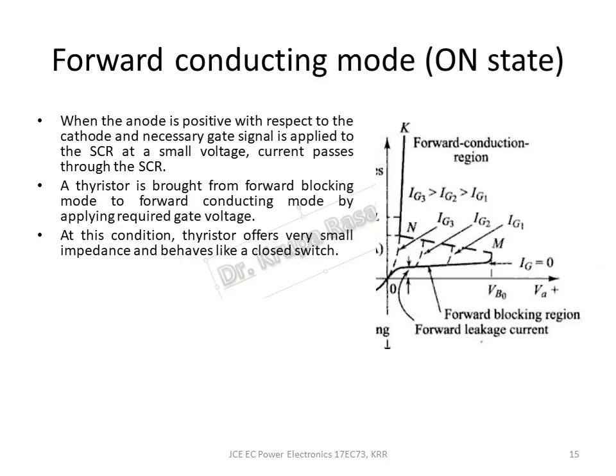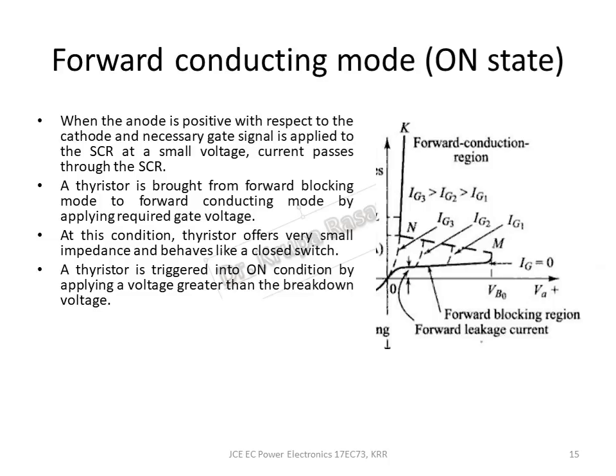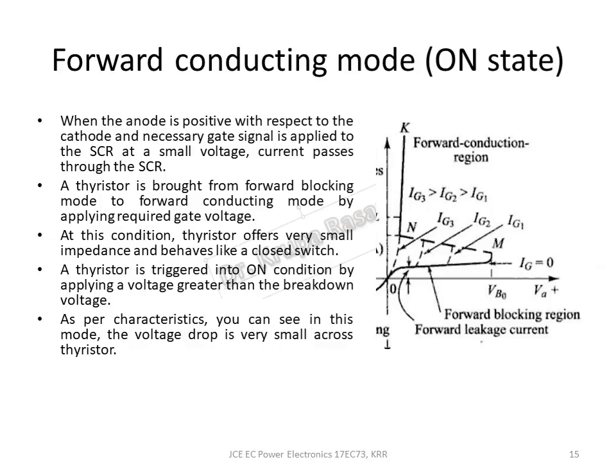At this condition, the thyristor offers very small impedance and behaves like a closed switch. So current will flow from anode to cathode. The thyristor is said to be triggered into the on condition by applying a voltage greater than the breakdown voltage. As per the characteristics, you can see in this mode the voltage drop across the thyristor is going to be very small.